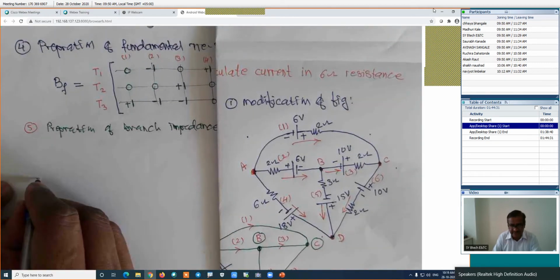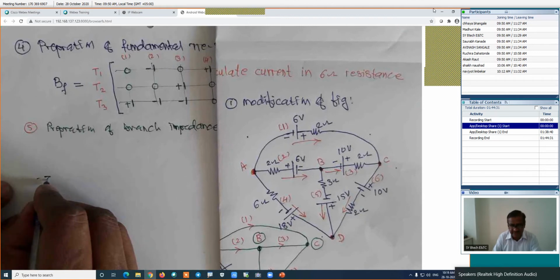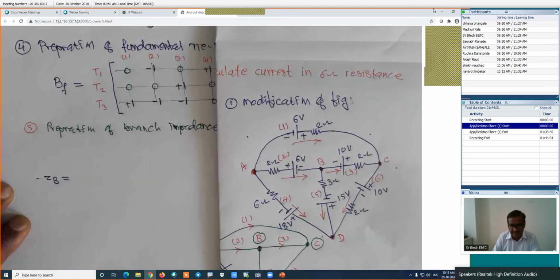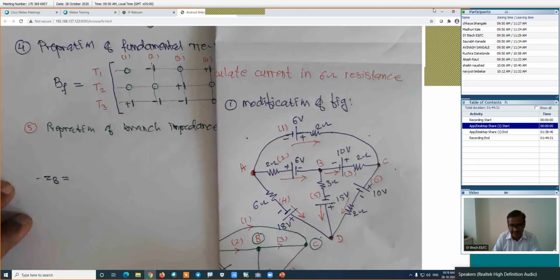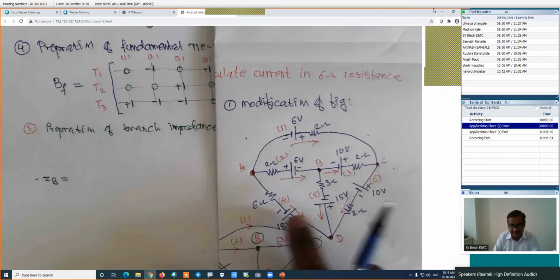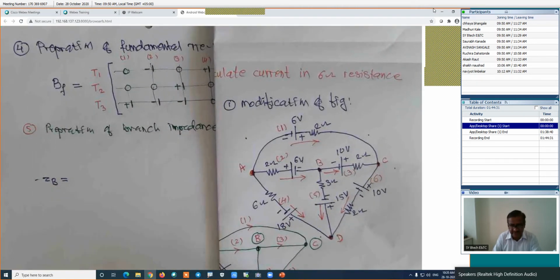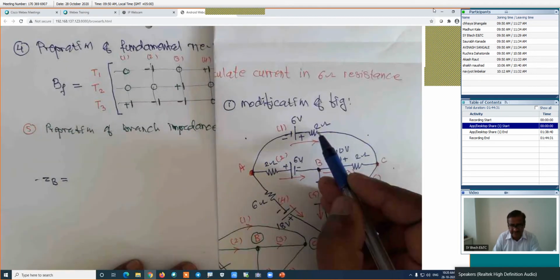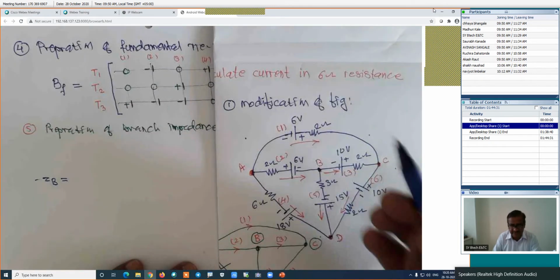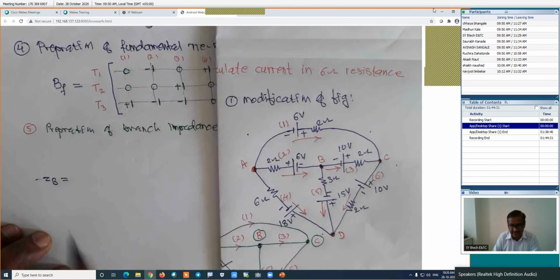This branch impedance matrix ZB is a matrix of order B by B. If we have 1, 2, 3, 4, 5, 6 branches, the order of this matrix will be 6 by 6. What is the impedance of the first branch? The impedance of the first branch is 2. How will the entries be?